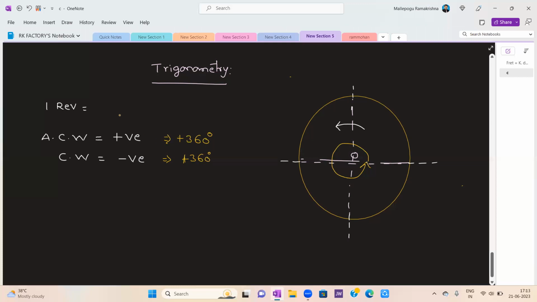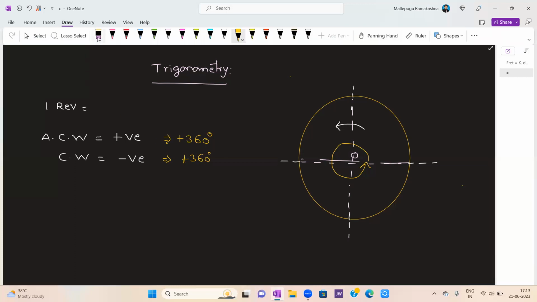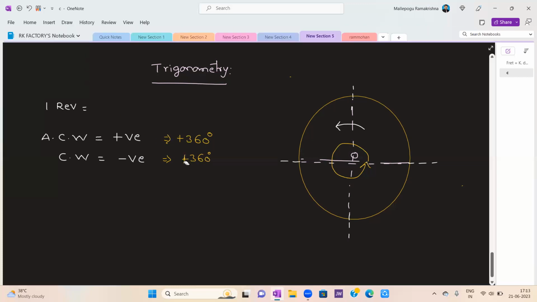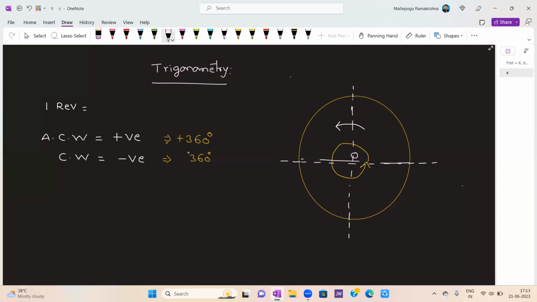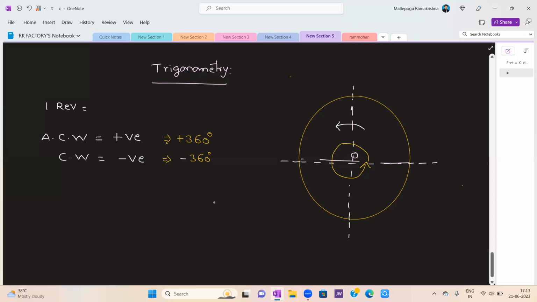We have to understand that. This is just to make you understand the direction in which it is rotated. But in one revolution, how much has it completed?